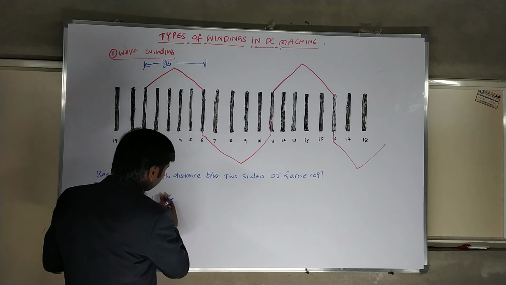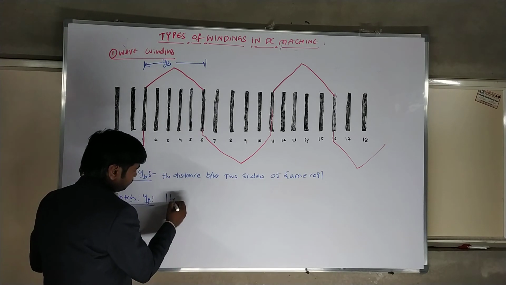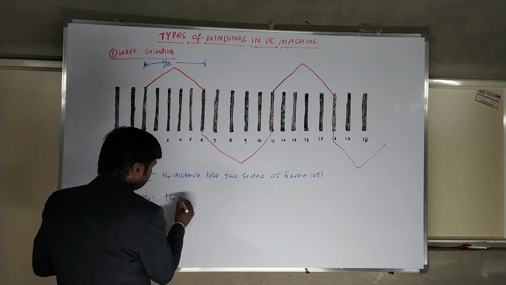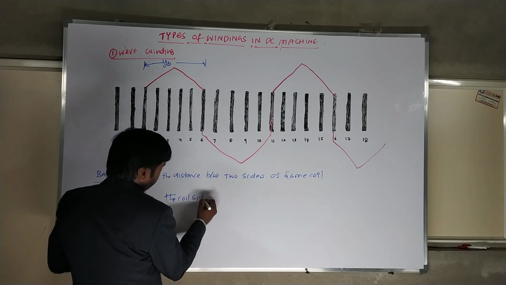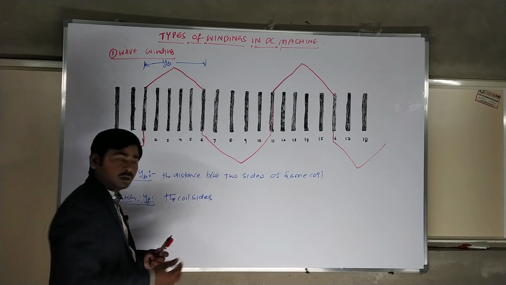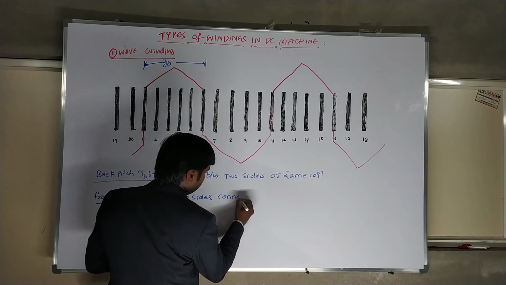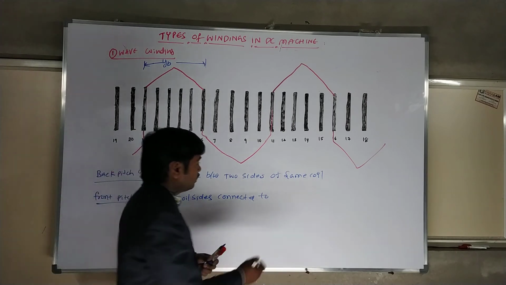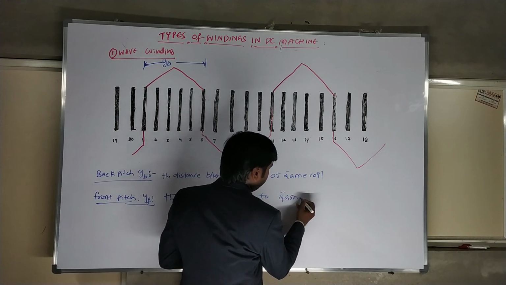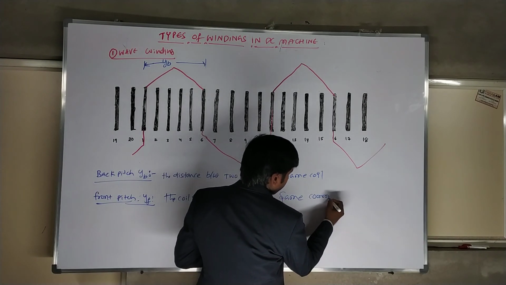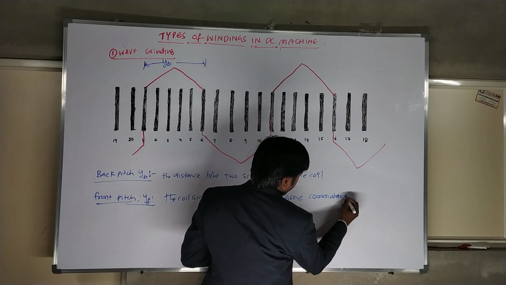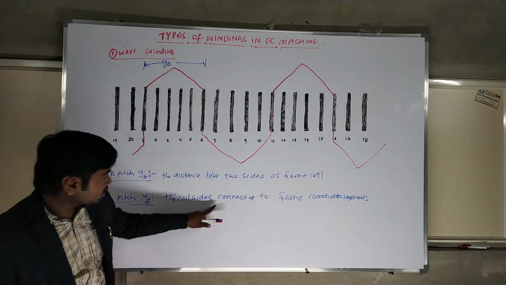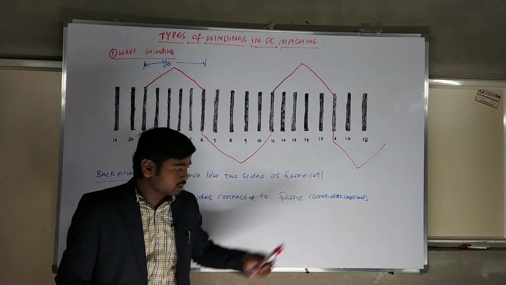I can write it another way to understand very clearly: the front pitch is the distance between the coil sides connected to the same commutator segments.